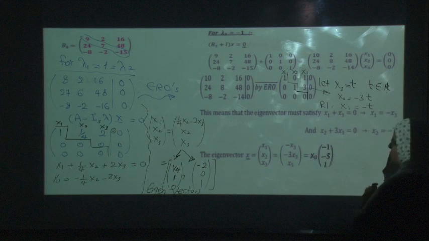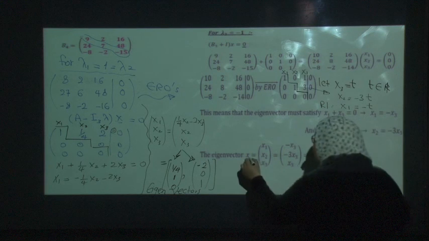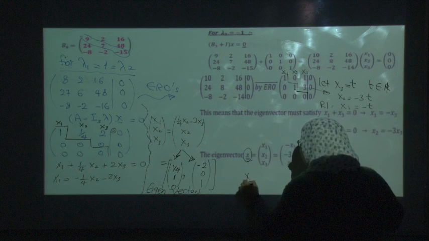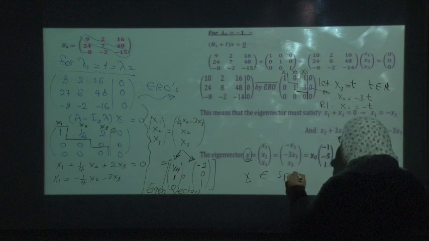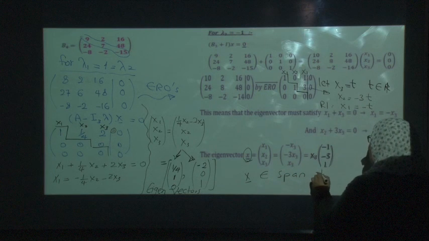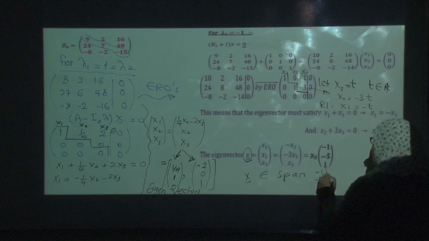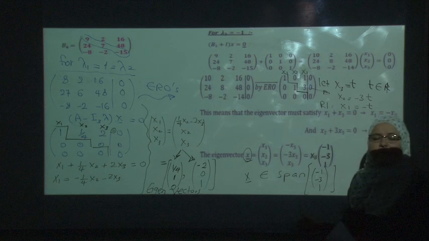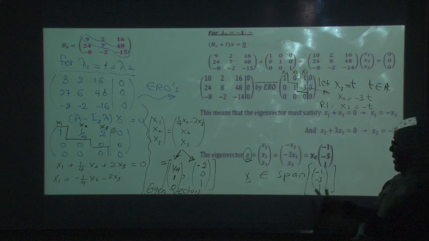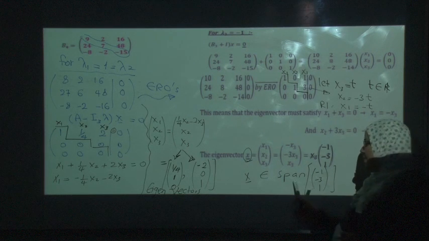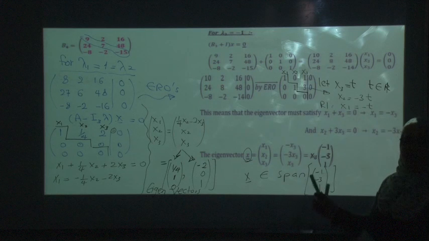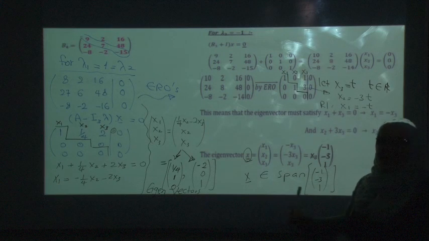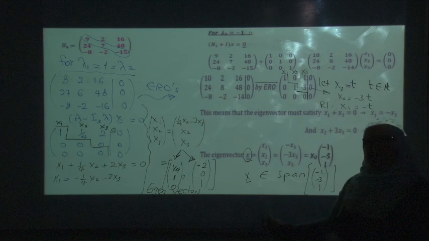And the multiples, which means that the eigenvector which we are looking for is an element from the span set of -1, -3, and 1. It is an element from the span set of this vector. So any multiple of this vector, the span set, if you remember, it's the set of all possible linear combinations. If we have only one element in the set, it means that all multiples of this element.